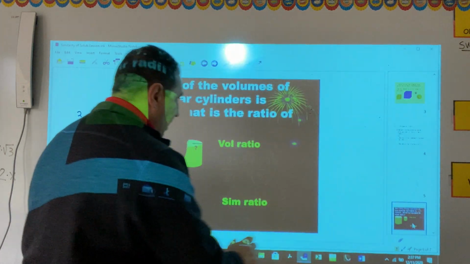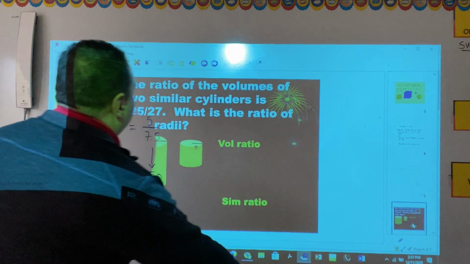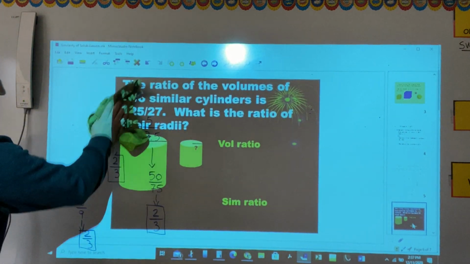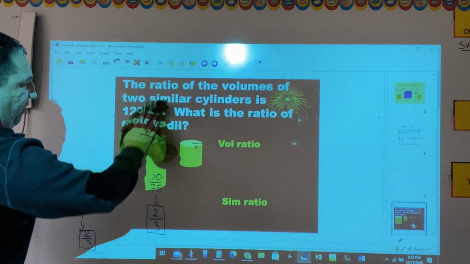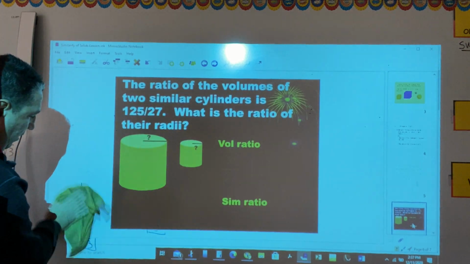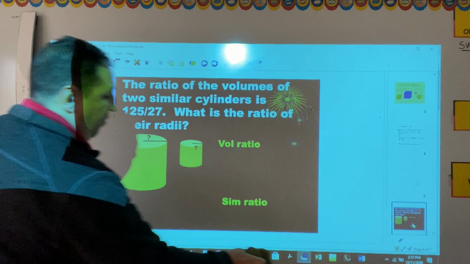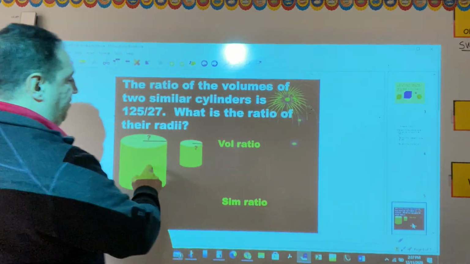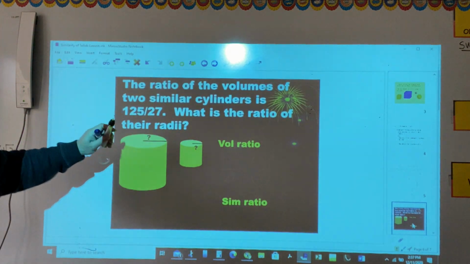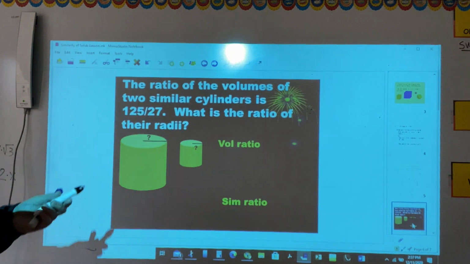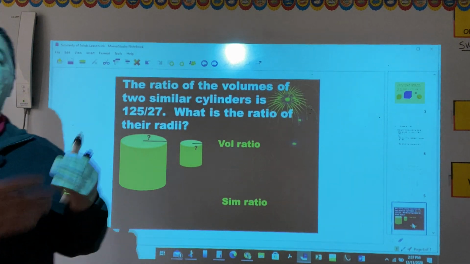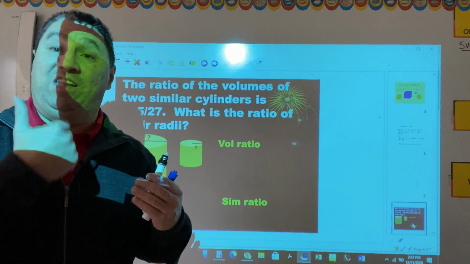Here, what is the ratio of their radii if the ratio of the volumes of these cylinders is 125 over 27? In other words, here we need to find the similarity ratio, right?